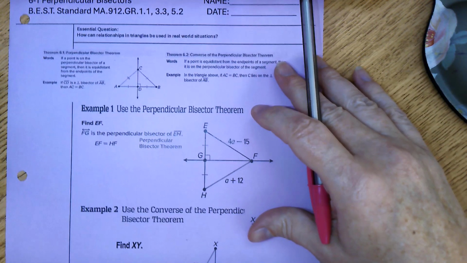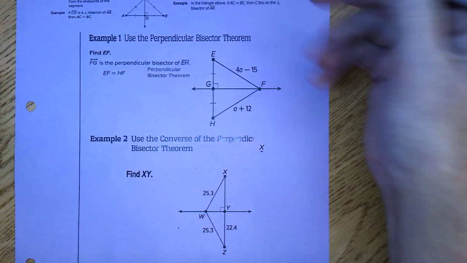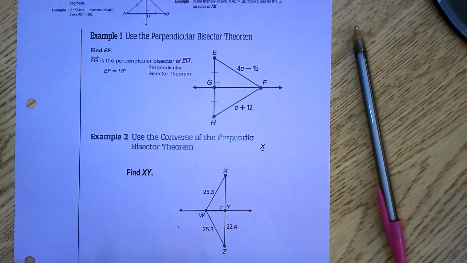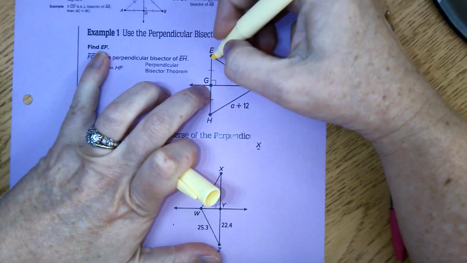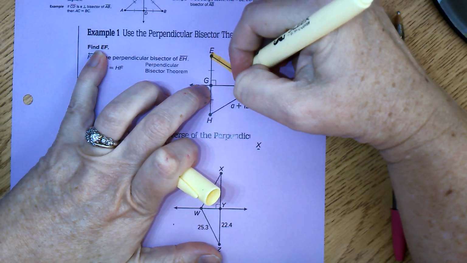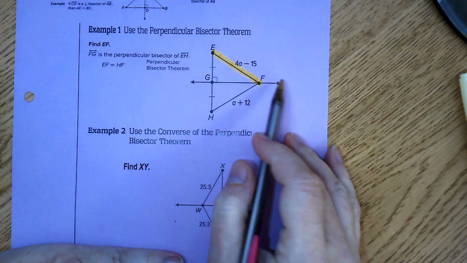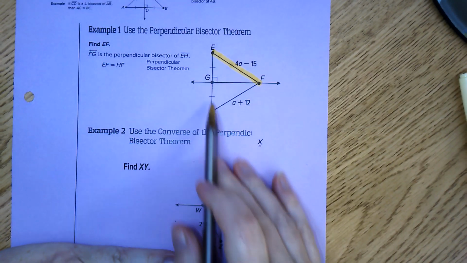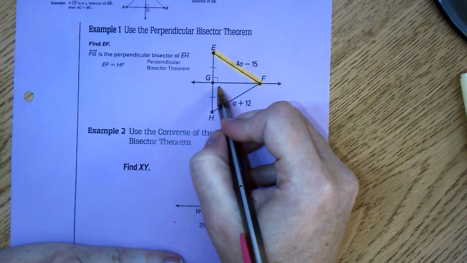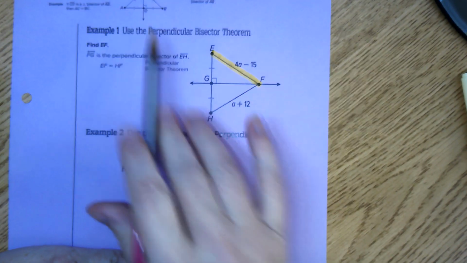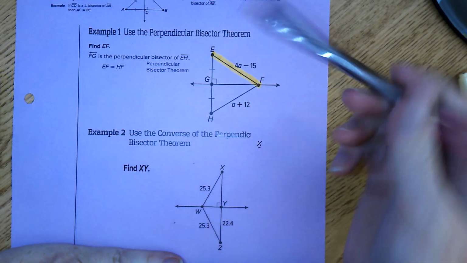Okay, so let's use the perpendicular bisector theorem. It wants us to find EF. And it tells us that FG is the perpendicular bisector of GH, 90-degree angles, and based on my perpendicular bisector theorem, this equals itself.